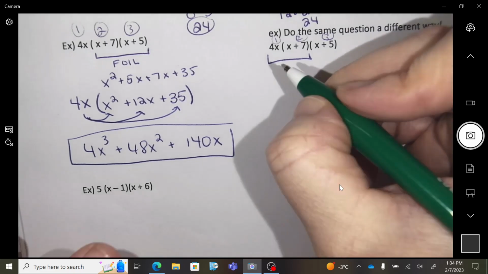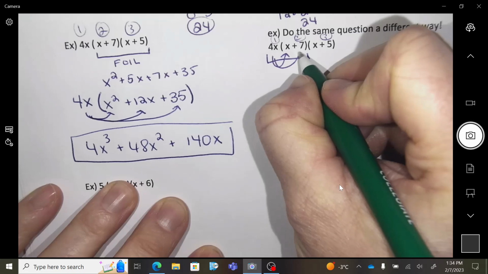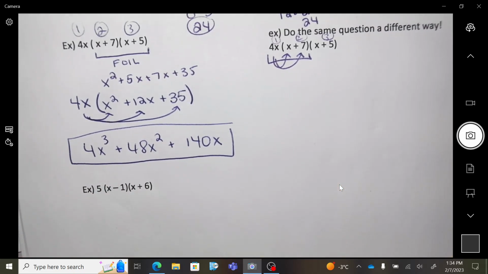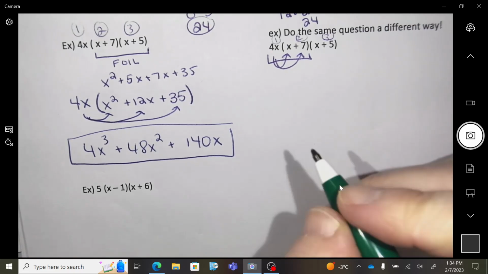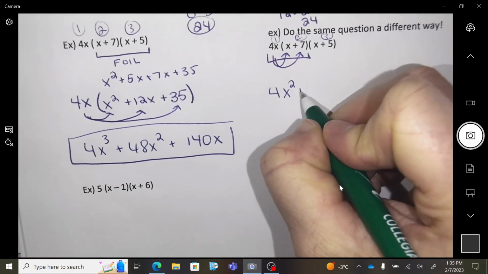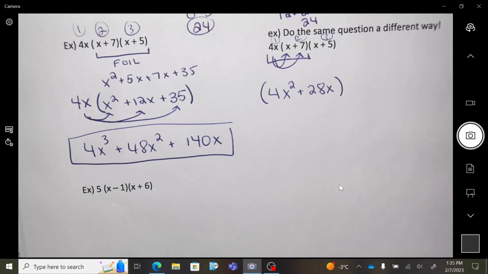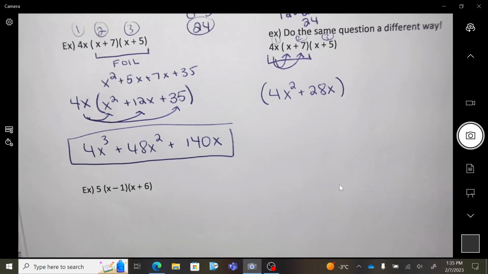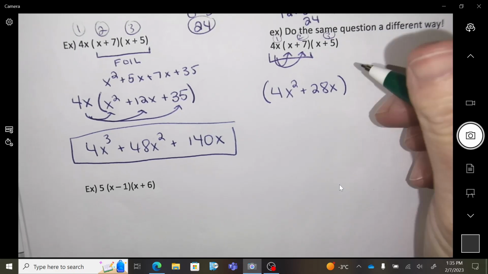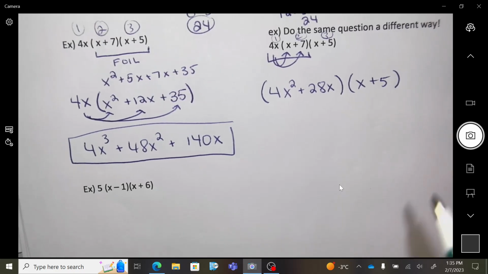Okay, so if I put 1 and 2 together, can you do a distribution of 4x into that bracket? Okay, so 1 and 2 I put together. Now, done, I have to put it together with the third one.